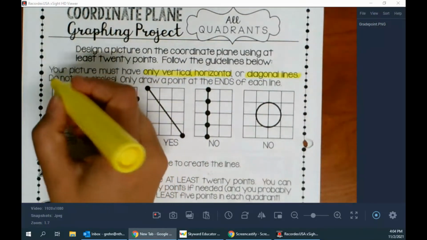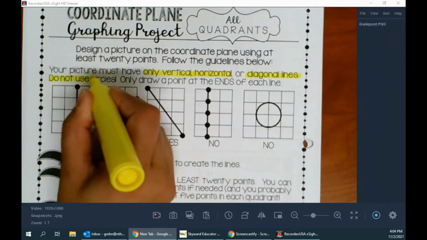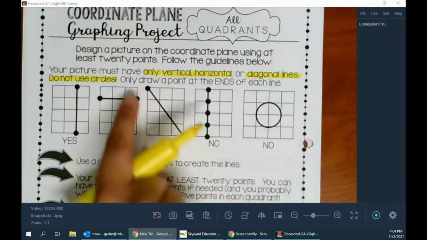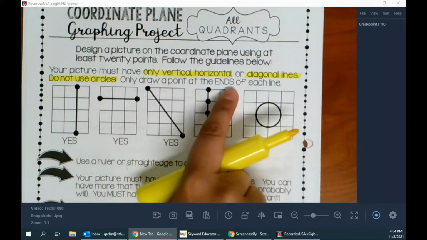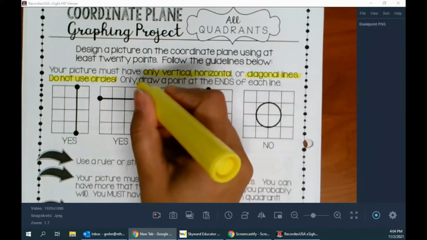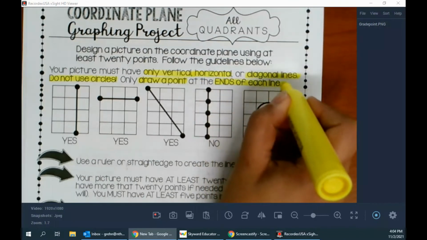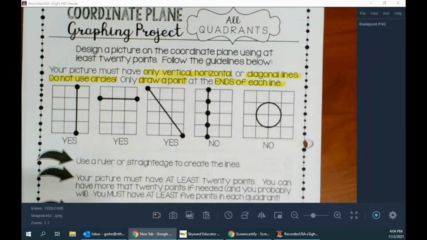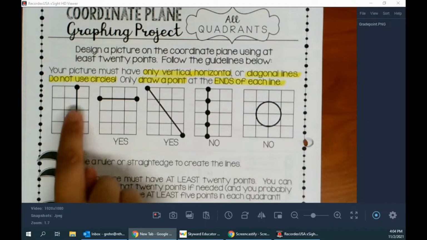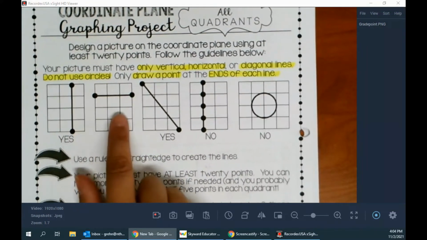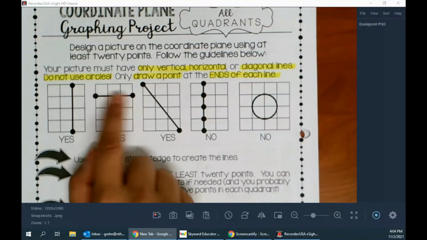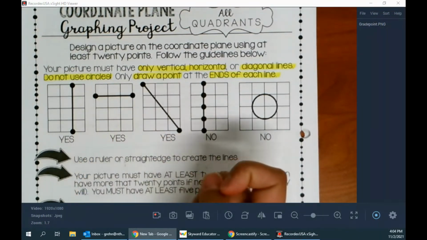Do not use circles. There shouldn't be any circles or curved lines. Only draw a point at the ends of each line. What that means, for example, is like here, this would be perfect. You've got points at the end of the line, and a ruler's been used to draw it. Same thing here. You've got points on this horizontal line, and a ruler was used to draw it.